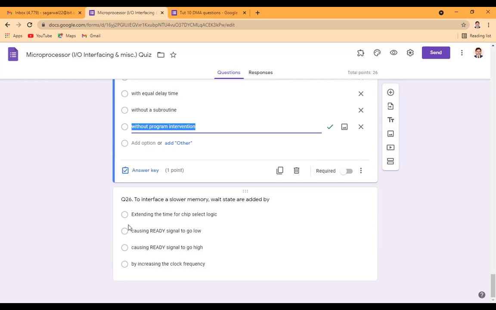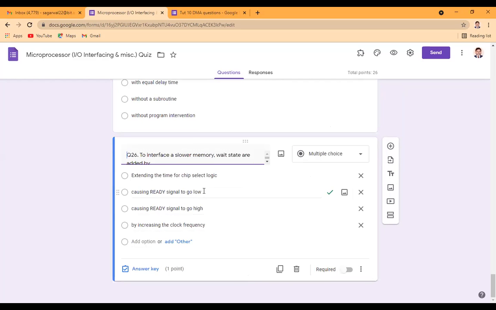But whether the ready signal will be low or high? Since the ready signal is a negatively activated signal, interfacing a slower memory by adding wait states can be done by causing the ready signal to go low. That's all about the input-output interfacing quizzes.